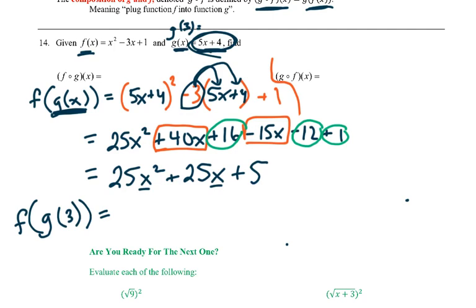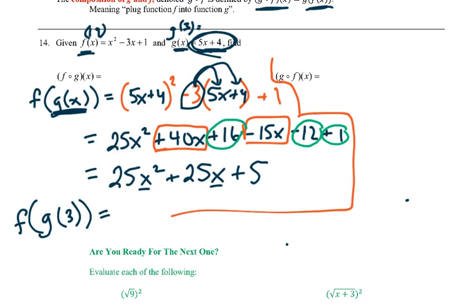So 15 plus 4, 19. Substitute in 19 as your x value in the function of f. So you could do it 2 ways. So just keep that in mind. Be adaptable. Know that you could evaluate it multiple ways.